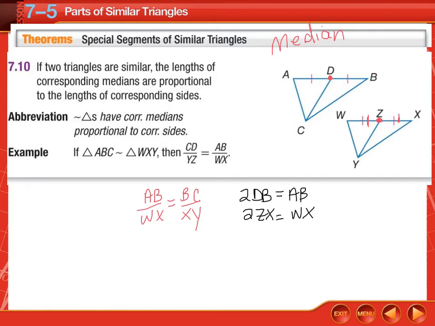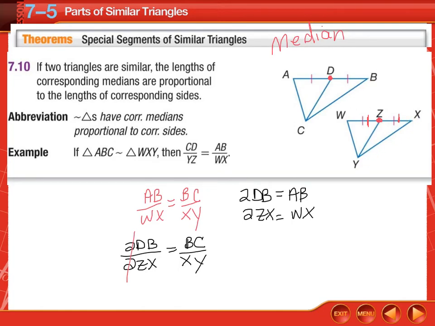So let's substitute that in. 2DB over 2ZX equals BC, and I'm going to keep the right side of the proportion identical. And the 2's cancel, so we can see here that DB is to ZX as BC is to XY.